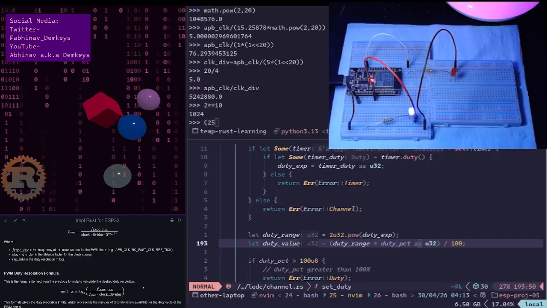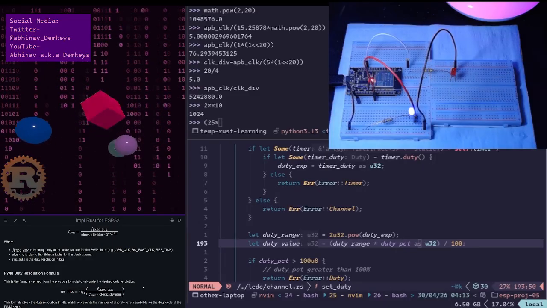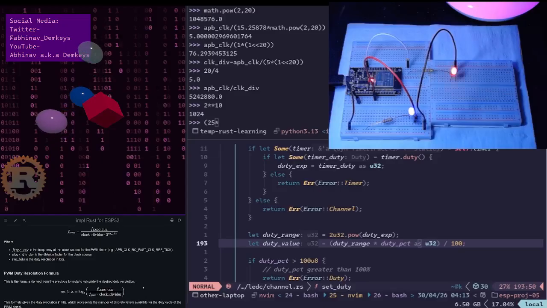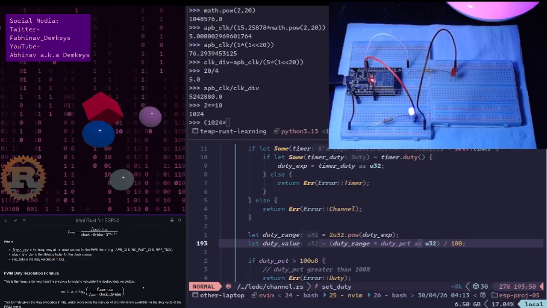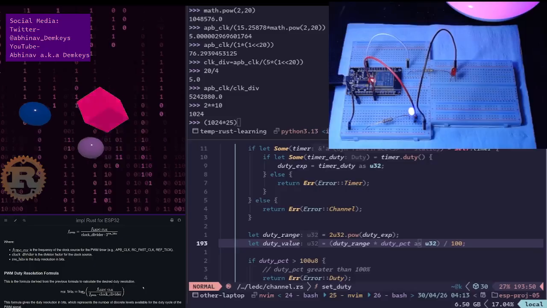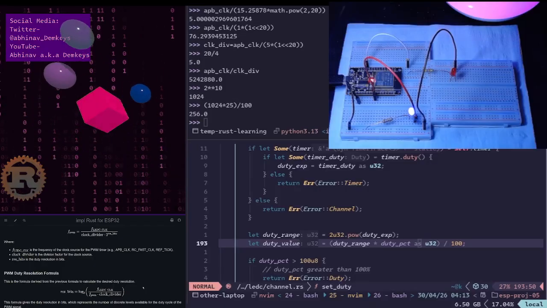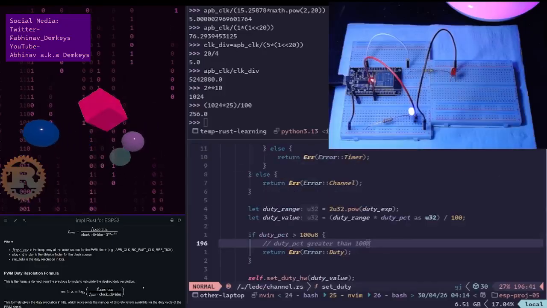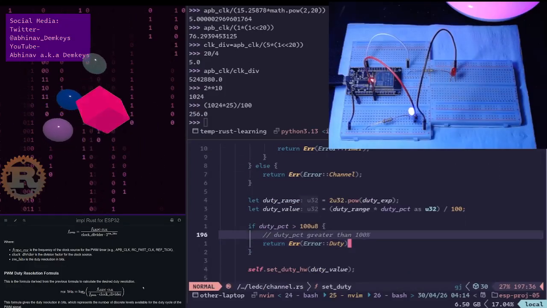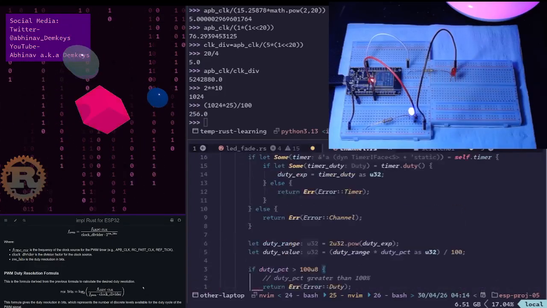Duty range is 1024, multiplied by the duty percentage, 25%, and then divided by 100. That gives us 256. So this is going to pass the 256 value over to set duty HW.